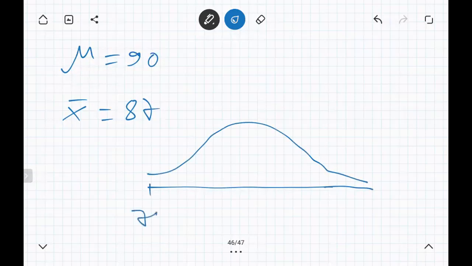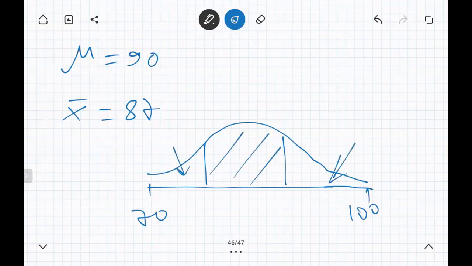So some students have better grades. Let's say this is 70 points and this is 100 points. So there are quite many of them which have points between, say, 85 and 90, for example. There are some of them with very high points and some of them with very low points.